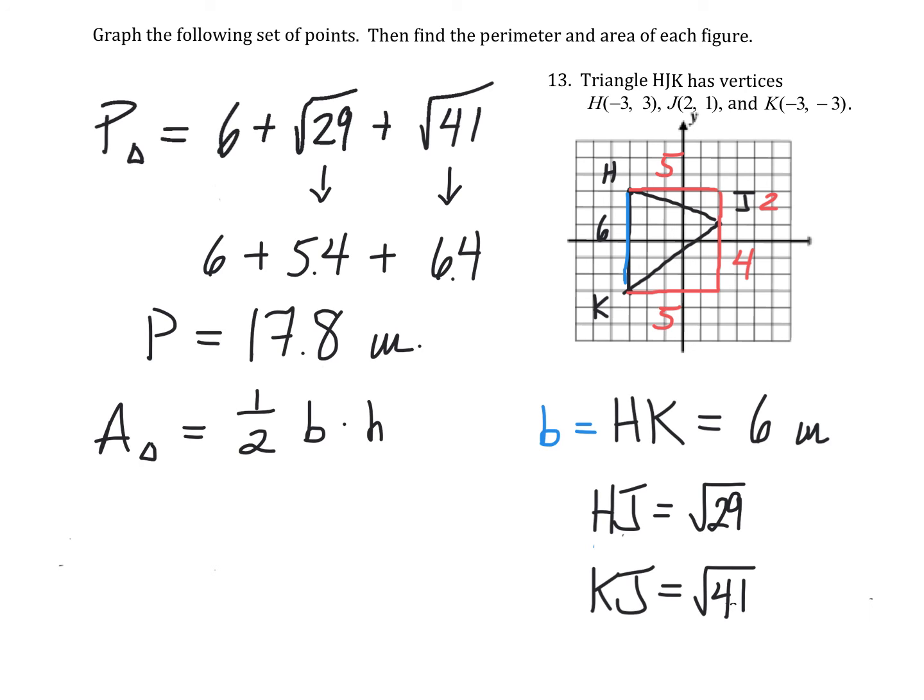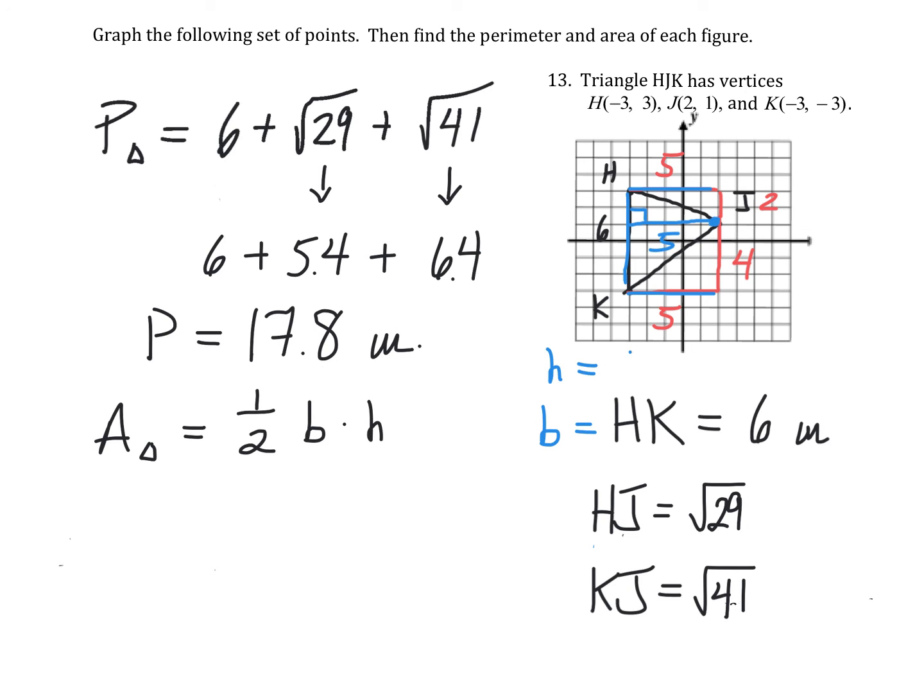My height is going to come from the highest point straight down to the base and form a right angle. Technically we already found the height when I sketched out my right triangles earlier for the Pythagorean theorem, and in this case it looks like my height is going to be 5.